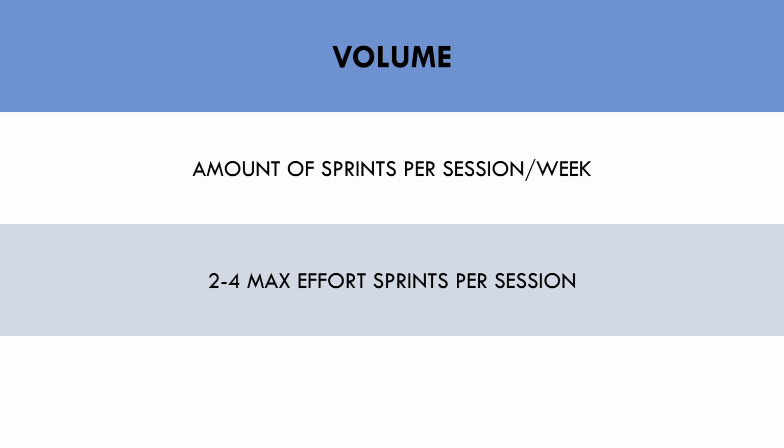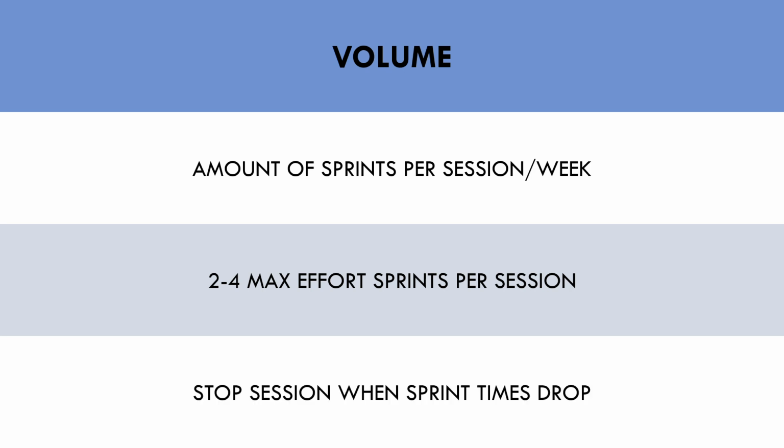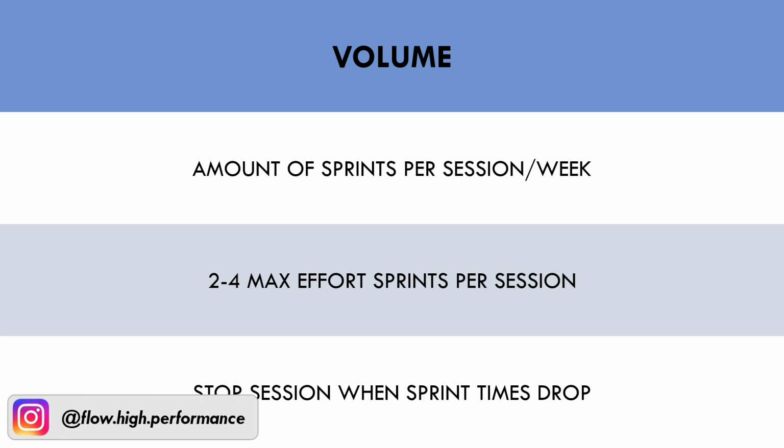Generally, the first 2 to 4 maximal effort sprints an athlete performs are their fastest times. After this, sprint times slowly begin to diminish. Once sprint times begin to slow down, the session should be stopped as the athlete is no longer able to sprint at the necessary speeds to achieve the adaptations that we're after.